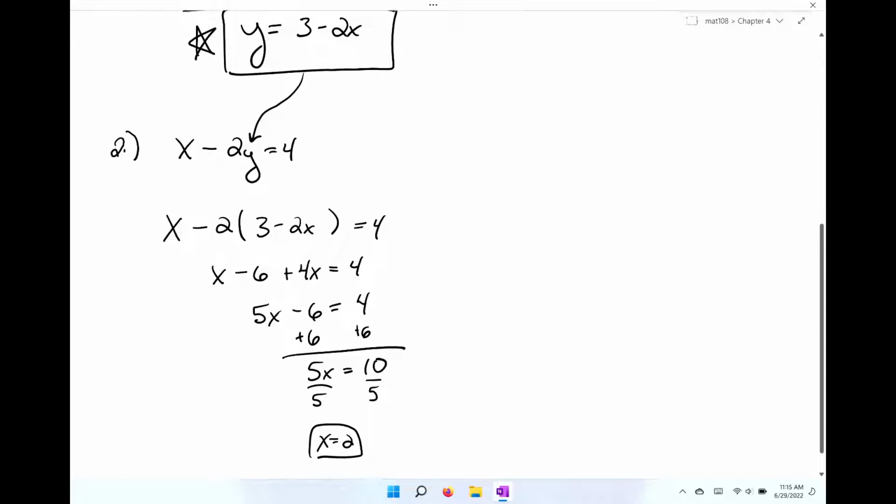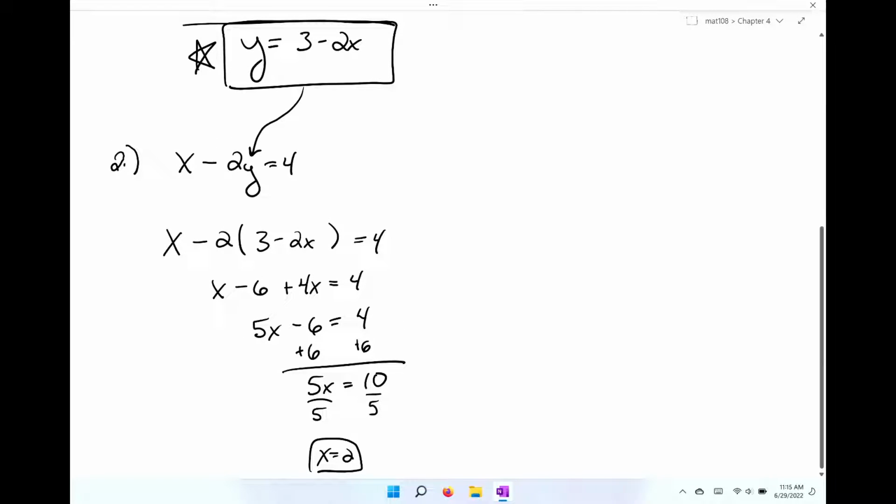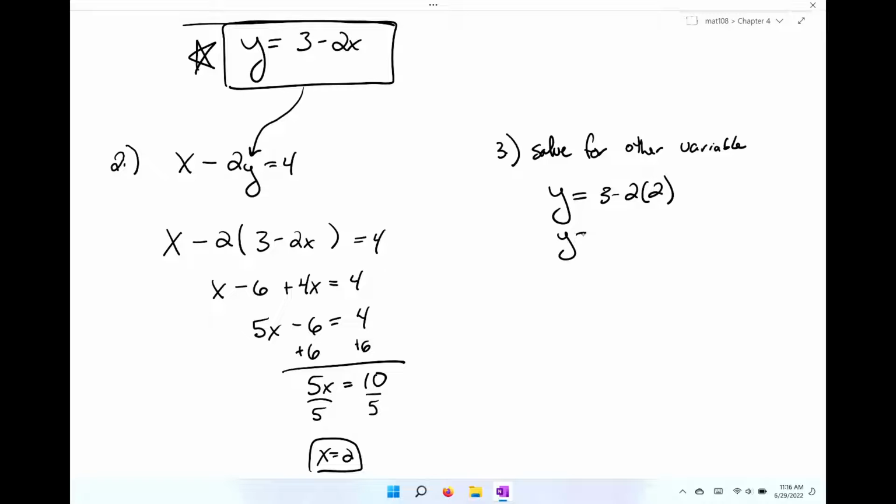Now, if you look at the very top of your screen, we know what x is. And because we solved the first equation for a specific variable, y, we could go ahead and automatically find what the solution to our system is just by taking x equals 2. So I'm just going to write solve for other variable. We're just going to take x equals 2, substitute it in for x, and then go ahead and simplify. We get 3 minus 4.